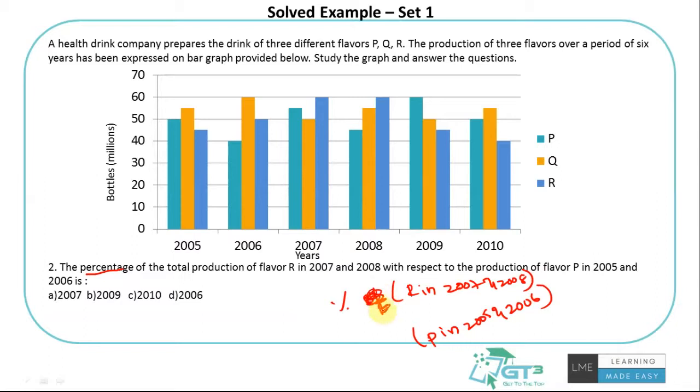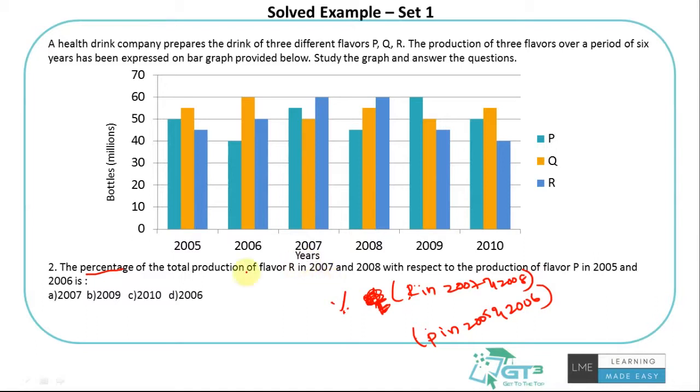Let me not write this first. Let me skip this. So here I have to understand what this is talking about. Percentage of this equals to this, or percentage of this is equal to this. The percentage of the total production of flavor R with respect to the production of flavor P in 2005 and 2006 is, right?